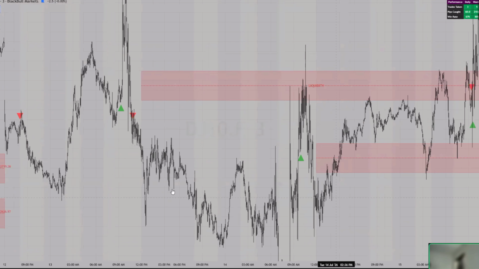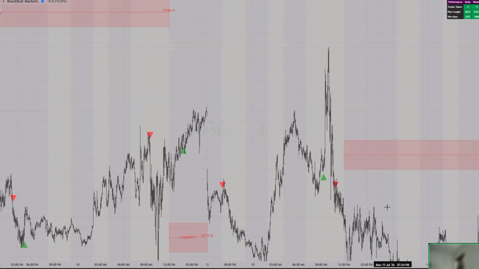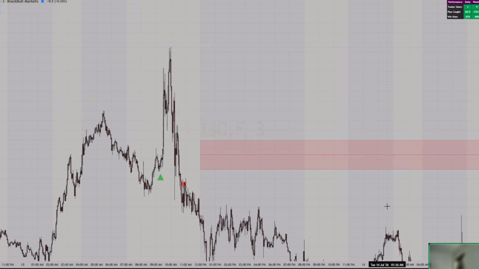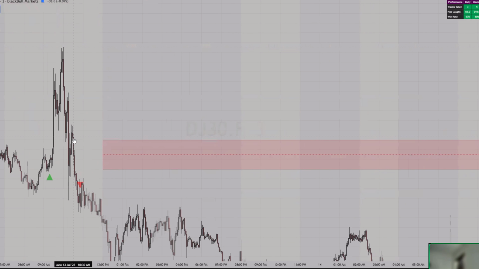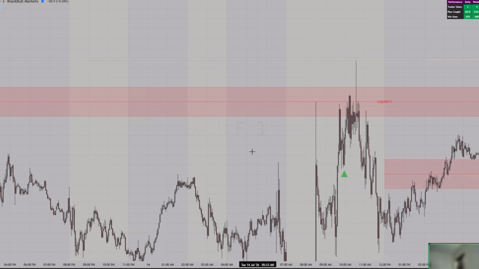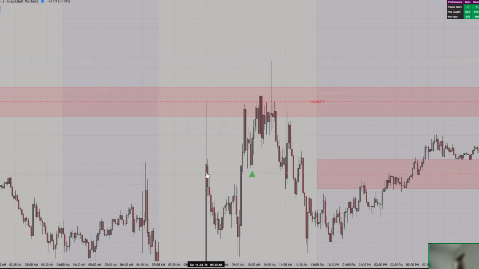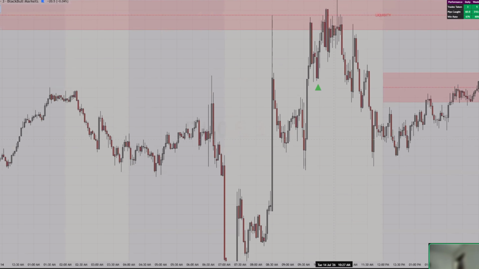But in most scenarios, what's most important to me is these zones right here, right? Where we have this zone marked off as a beautiful area of liquidity, and then we see a massive rejection of that area. That massive rejection can lead to a downwards move.